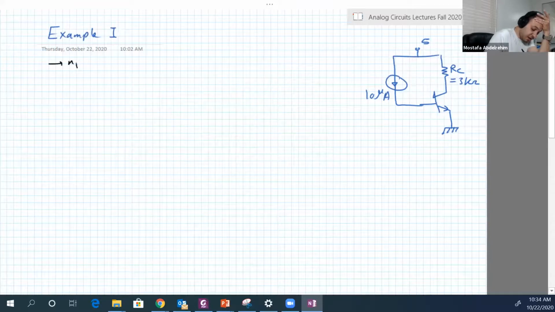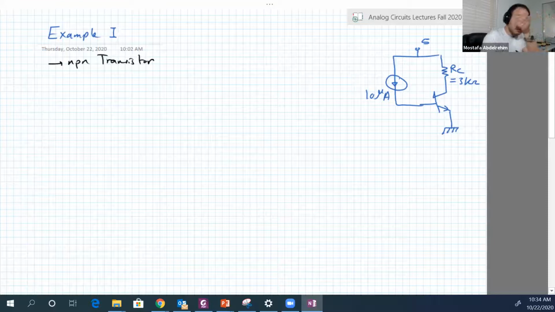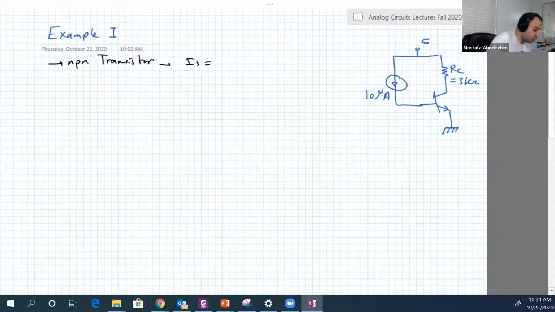This is an NPN transistor, which has IS equal to 10 to the power minus 15 and beta equal to 100, and it's in the active region.